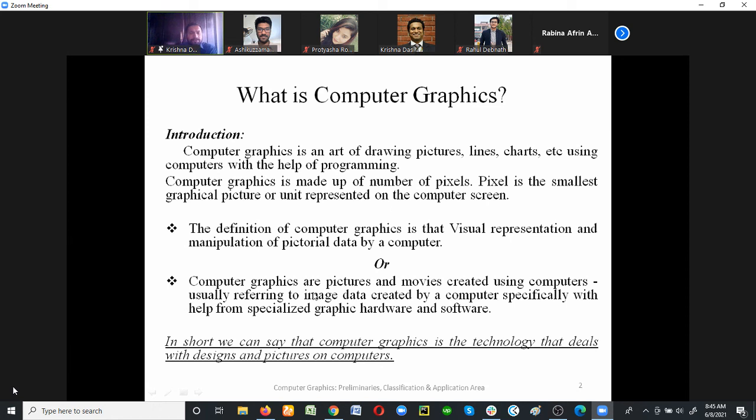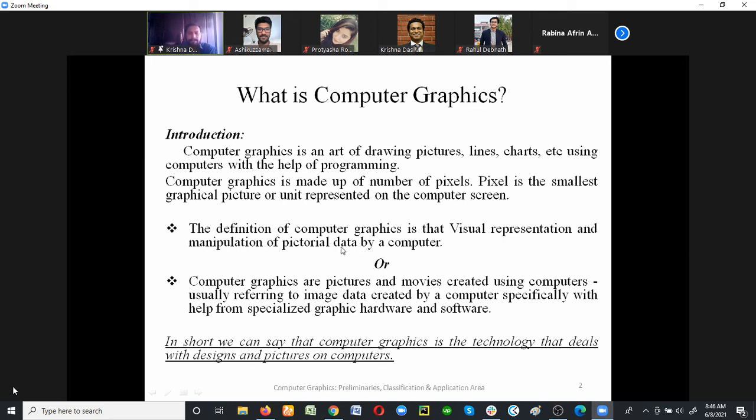So I think from a different angle we try to define computer graphics. Whenever we are talking about a huge number of pixels, in one way we are discussing small pixels creating an image on the computer screen, which we call computer graphics. Or we call it a kind of activity of representing visual data, visually representing pictorial data or picture data or image data, and also changing it.